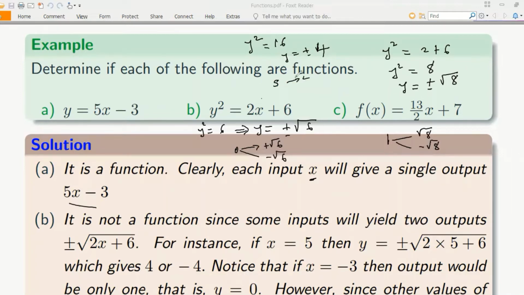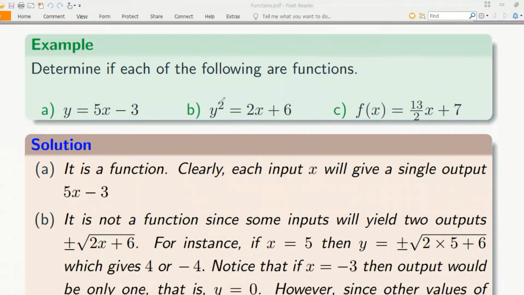One is positive 4 and the other one is negative 4. So a single input has two outputs. That disqualifies this one from being a function, because we say that for a function, each input should give one output. And that's what I've written here: part B is not a function, since some inputs will yield two outputs.